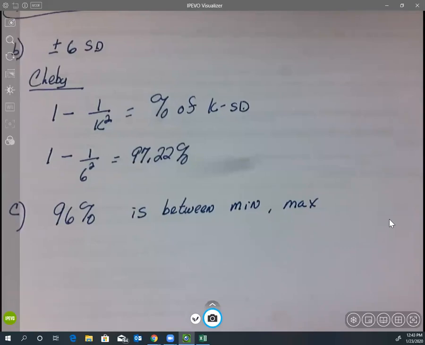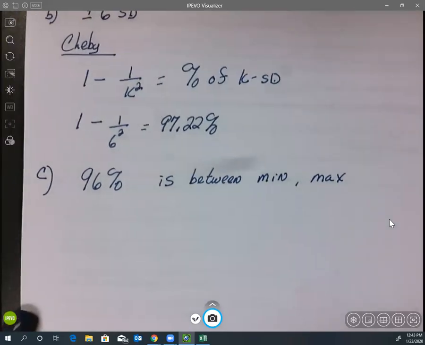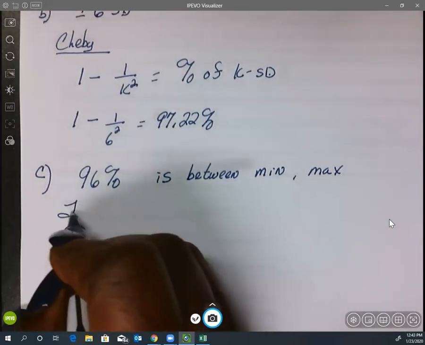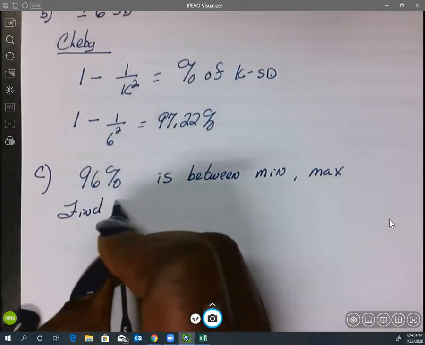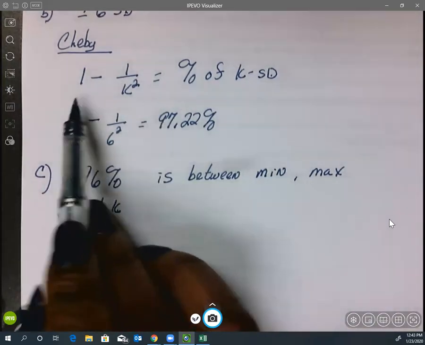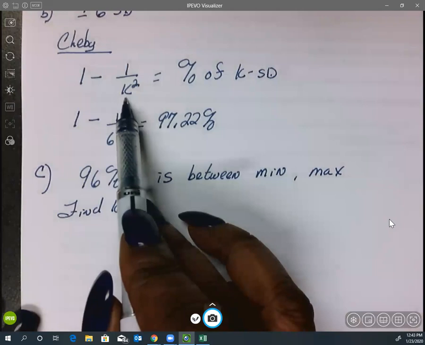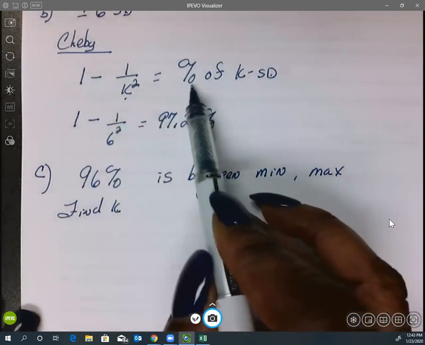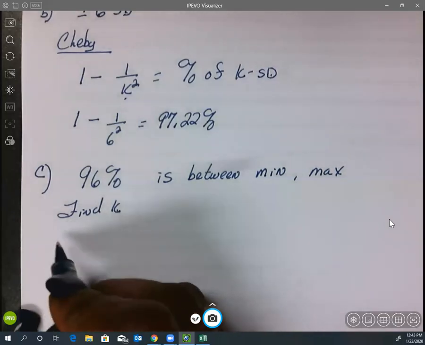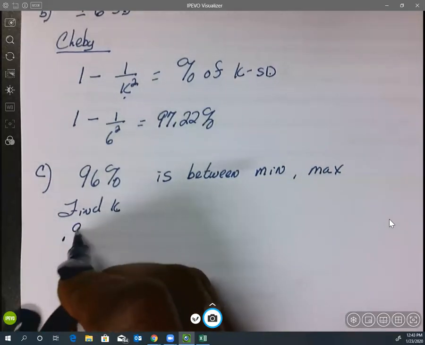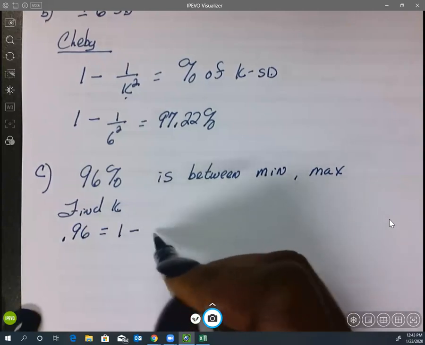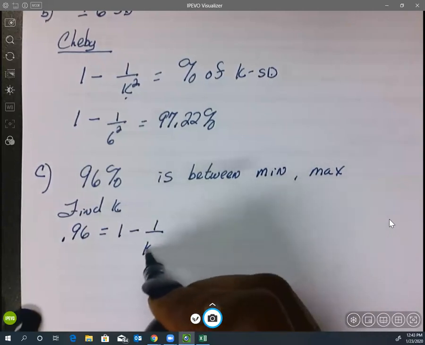To figure this part out, and again, yours may be different, we have to find K. Well, we already know that 1 minus 1 over K squared is going to give me that percent. Now we're given the percent, which is 0.96, is equal to 1 minus 1 over K squared.